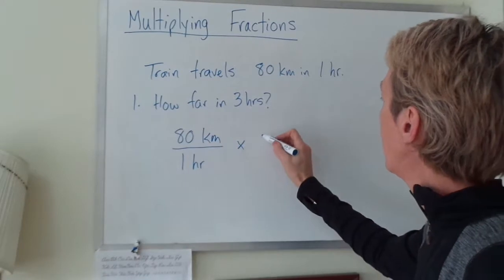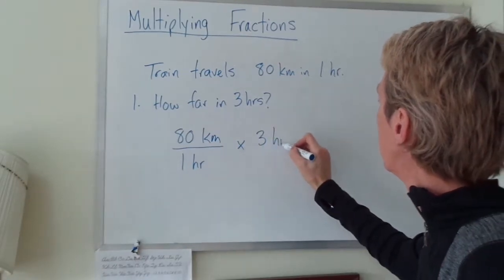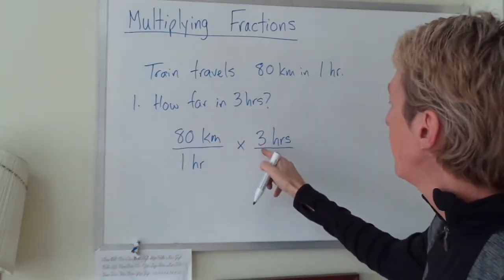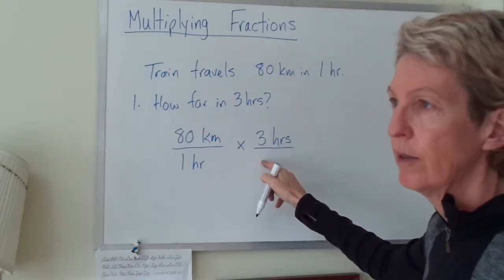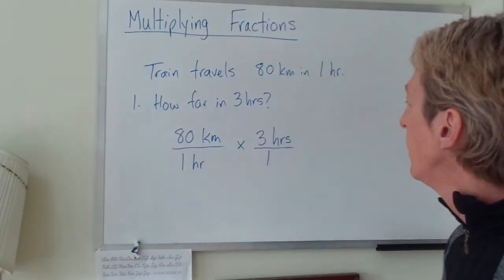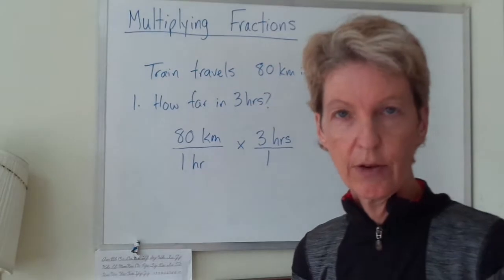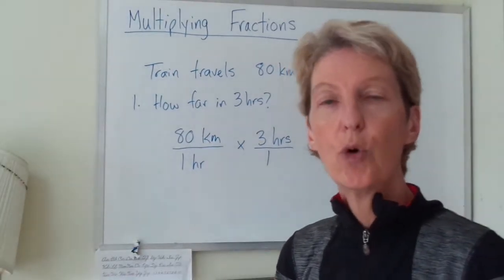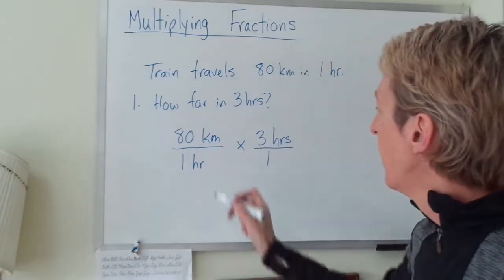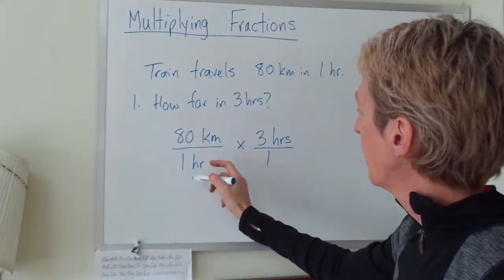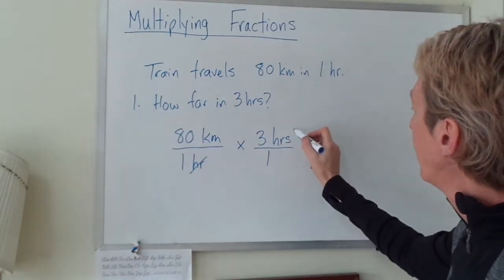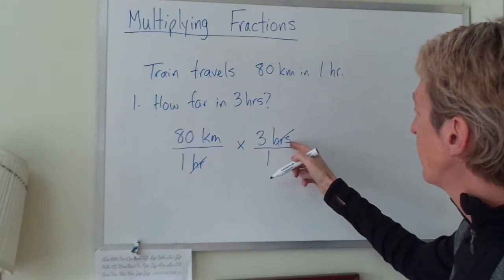So if we multiply that by 3 hours, every whole number has a denominator of 1. So now we are multiplying two fractions together. But more importantly, we're paying attention to the units. Our unit here of hour in the denominator divides out with the hour in the numerator.